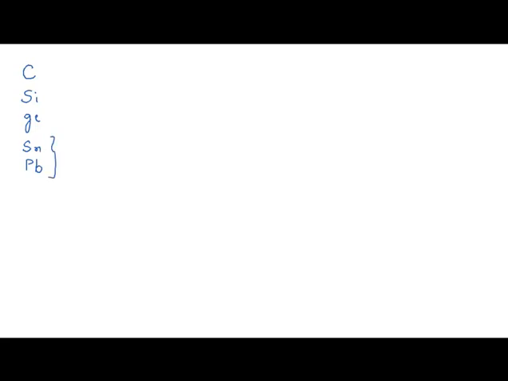Now in this group, children, these two are what? Metals. These are metalloids, or your germanium is a metalloid. And carbon and silicon are what, children? These are non-metals.